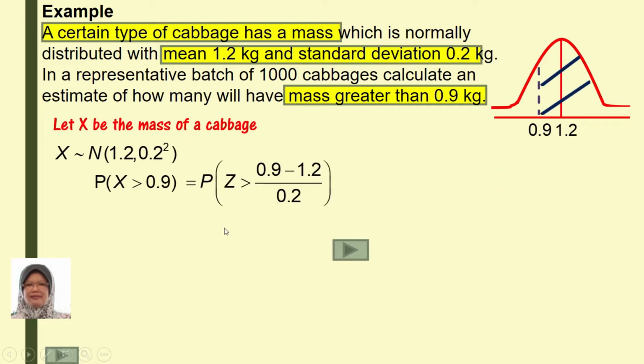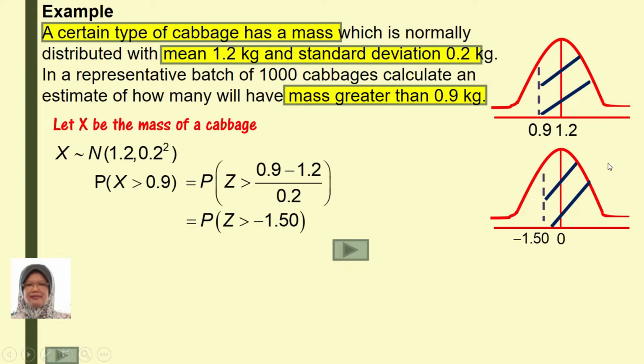We must change X to Z, so it becomes P(Z > (0.9 - 1.2)/0.2). We get P(Z > -1.50). We transfer to the Z distribution with mean 0, and 0.9 becomes -1.50.